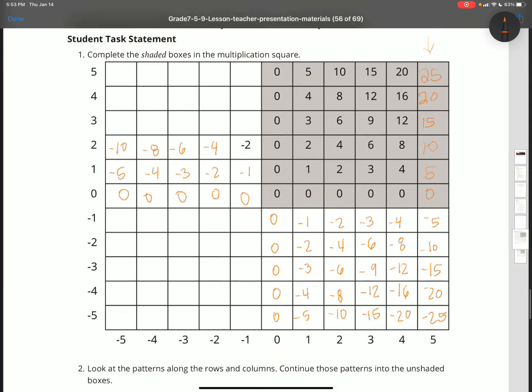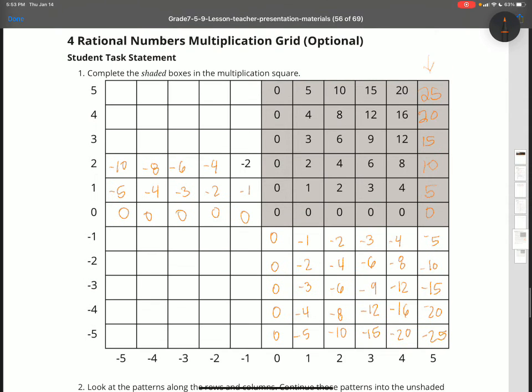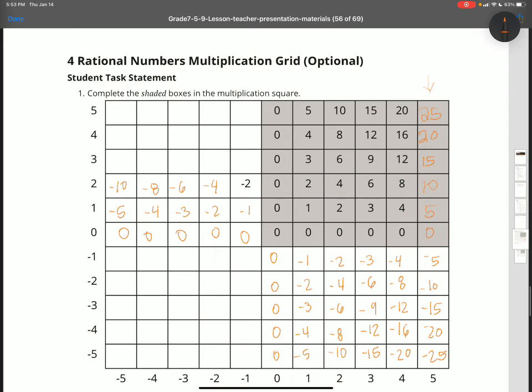And just to give you guys a quick hint, we're still multiplying a positive times a negative. So all of my products are going to be negative in this area of the unshaded region. You could either speed this video up to check your answers, but I'll finish filling out the table for you guys.